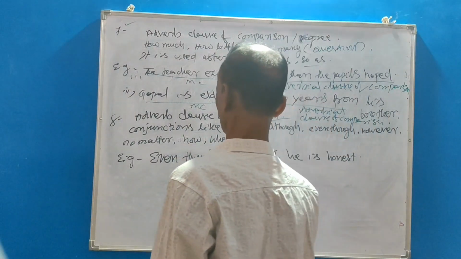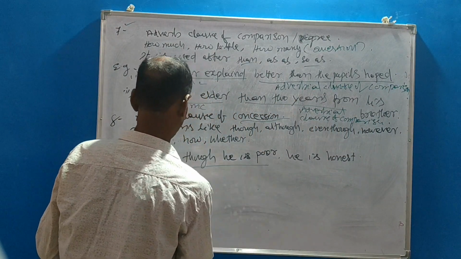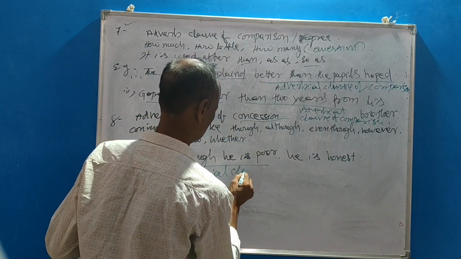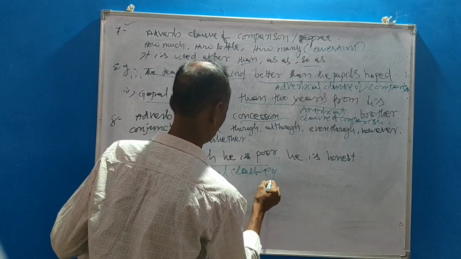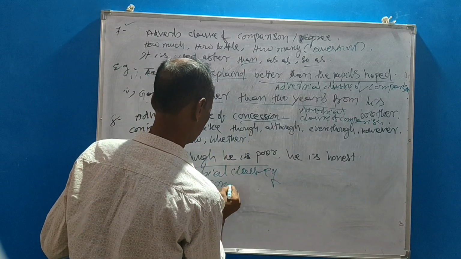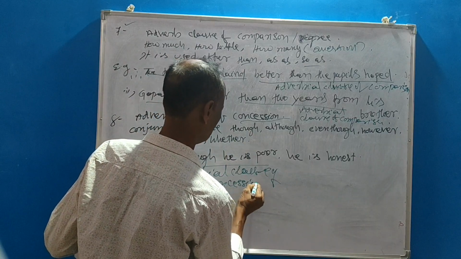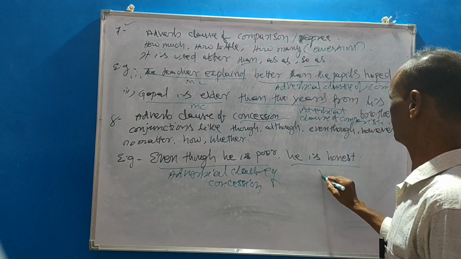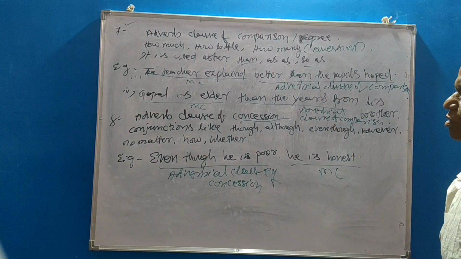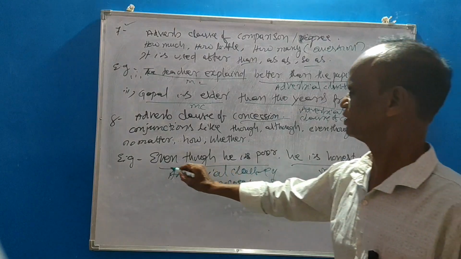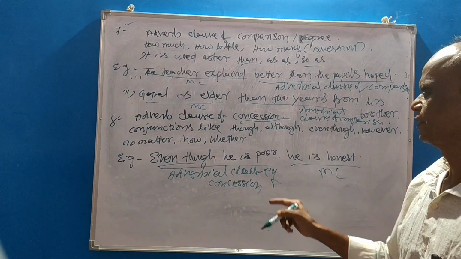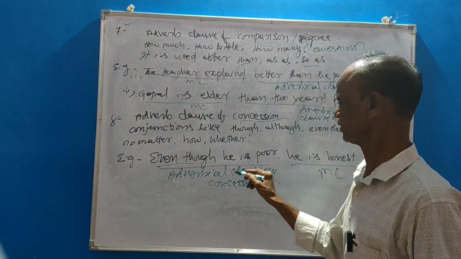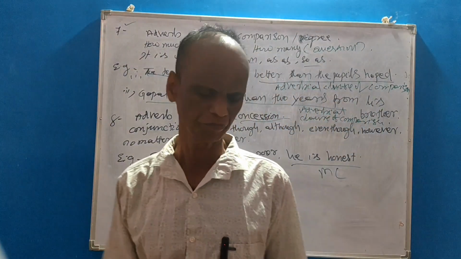Even though he is poor, he is honest. The main clause, and the clause of concession, even though he is poor.